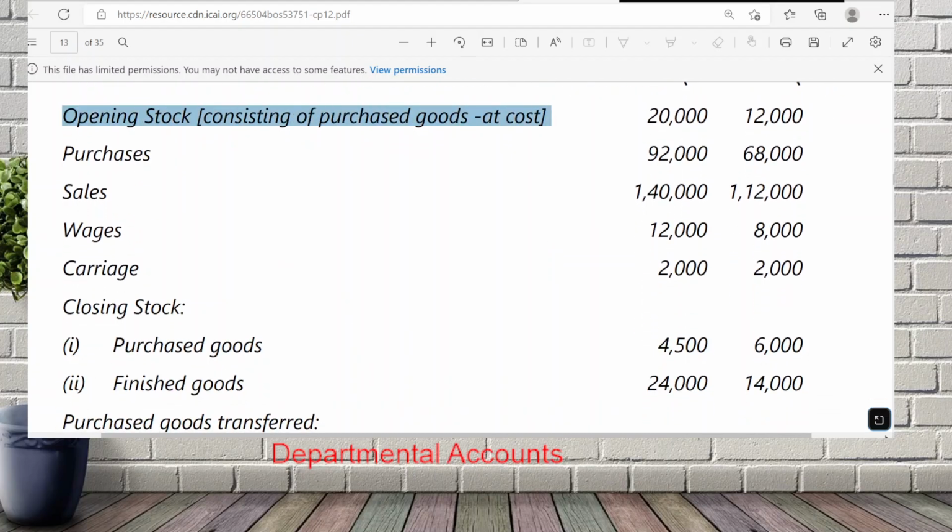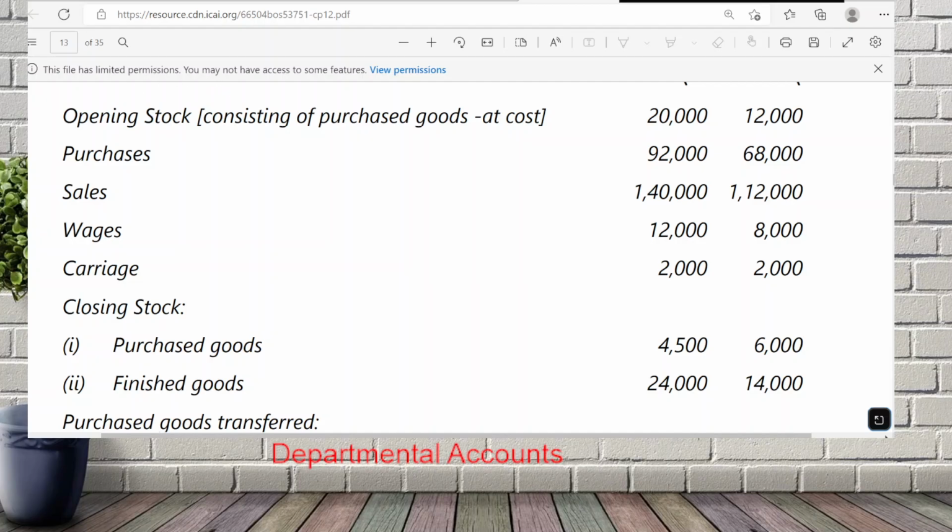Start with the opening stock, only purchased goods at cost price. Departmental Trading and P&L account. You are going to work it out first. Of course, don't scroll to the solution; try to work out on your own.